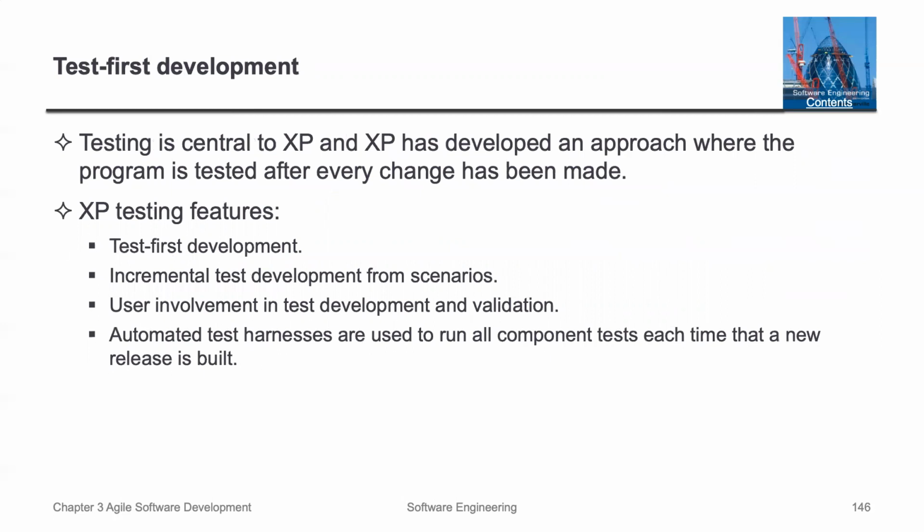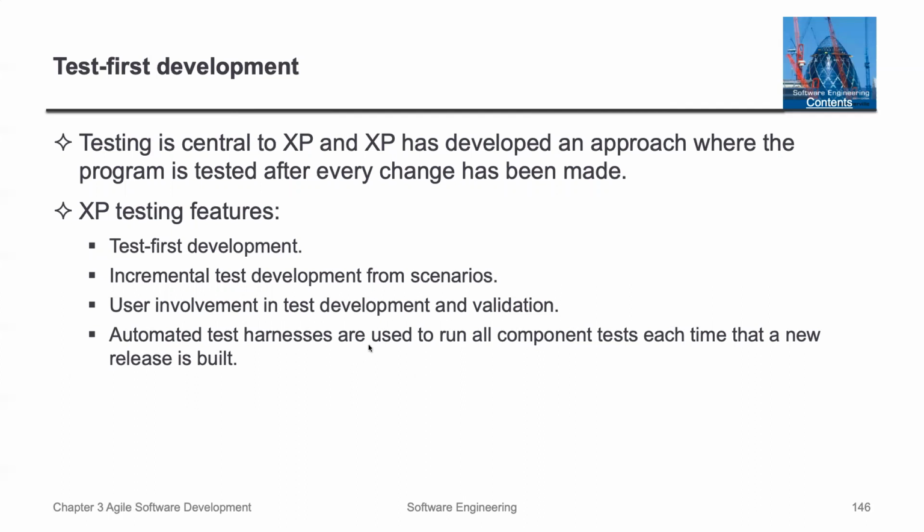So what about test first development? Testing is central to extreme programming, and extreme programming has developed an approach where the program is tested after every change has been made. Extreme programming testing features. Here are a couple of items. First, you think about test first development, and then the incremental test development from scenarios. You can focus on that.